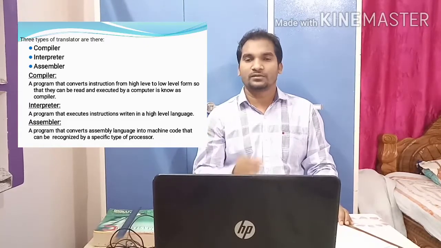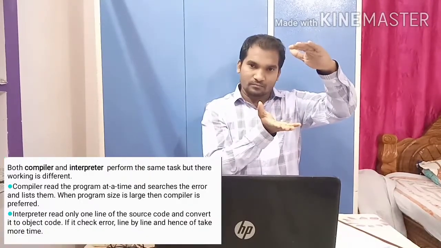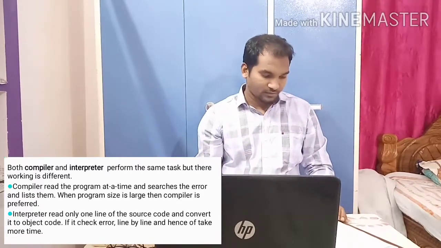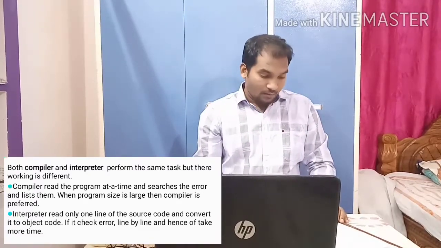But the difference between the interpreter and the compiler is compiler can convert at a time, but interpreter can convert line by line. And what is assembler? This is also a program to convert assembly language to machine level code. An assembler generally doesn't convert the complete code at one time.